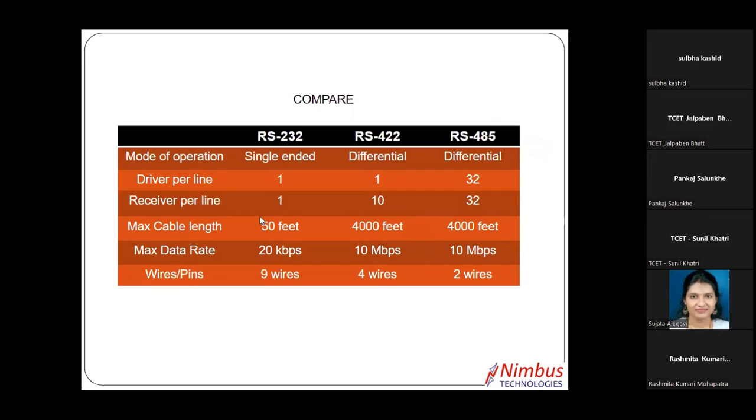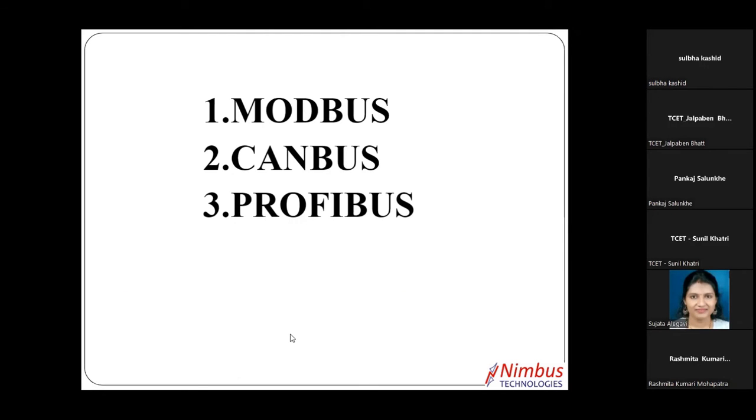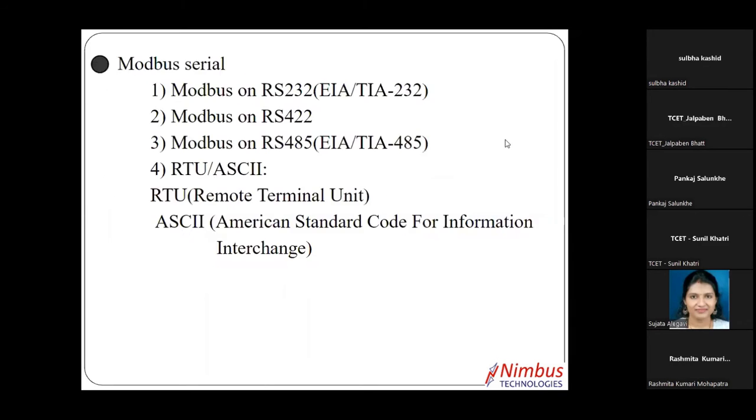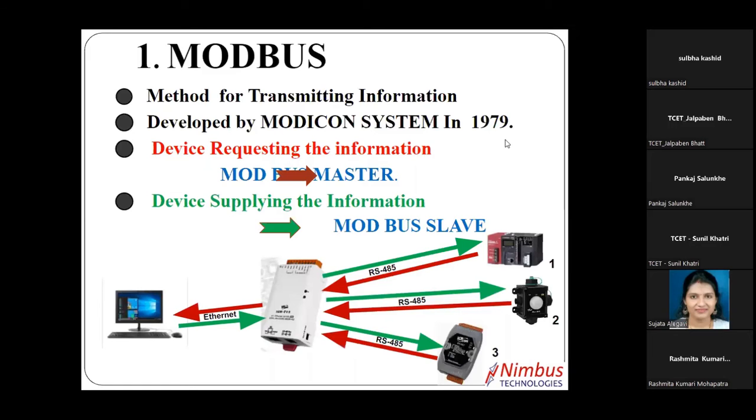So this is a comparison of all these three communication protocols, that is RS232, RS422, and RS485. Basically there are three protocols: Modbus, CAN bus, and Profibus. Nowadays most industries focus on these three protocols. Very popular is your Modbus protocol, because you can use it free of cost. No license is required for that.